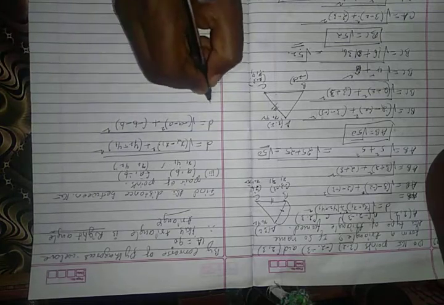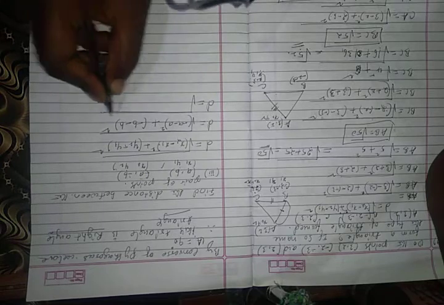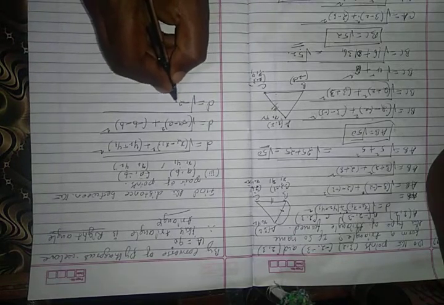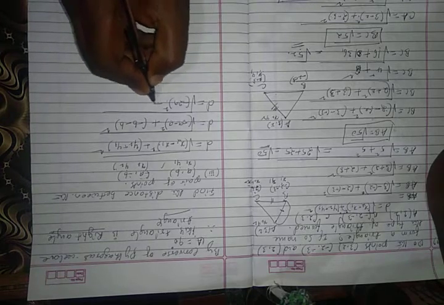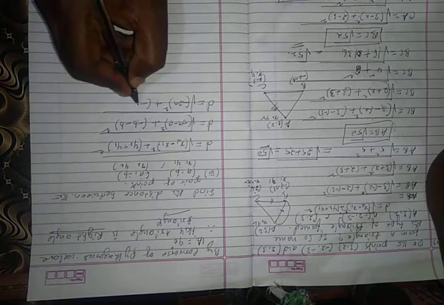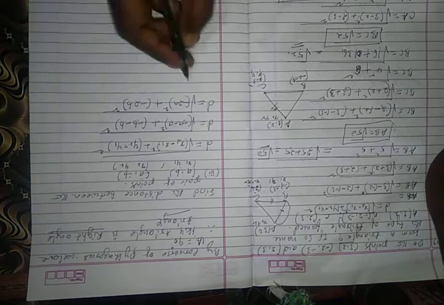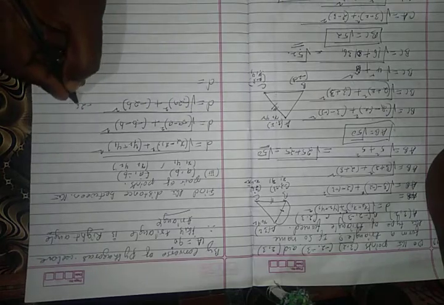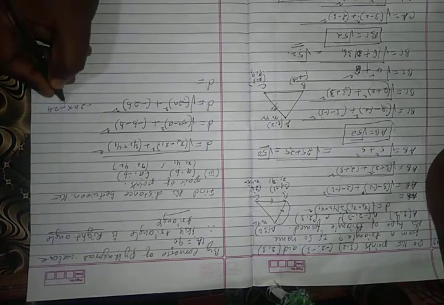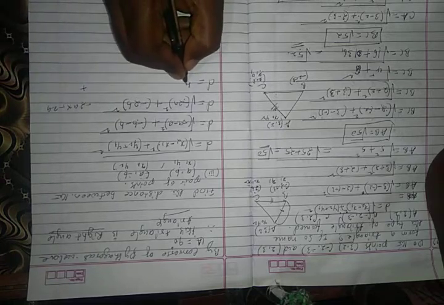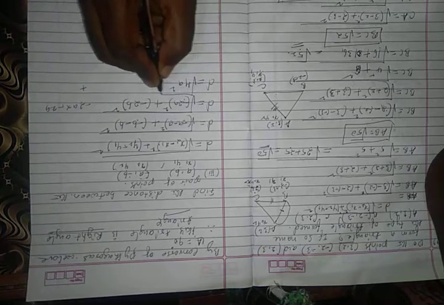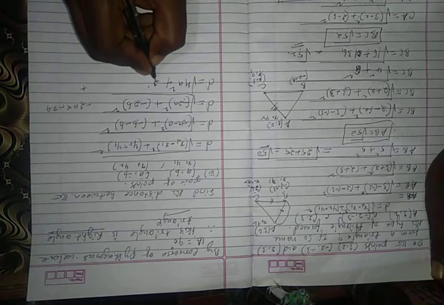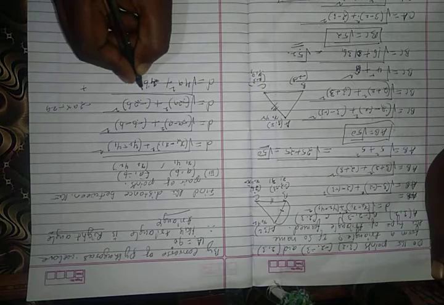So d is equal to the square root of (minus a minus a, which is minus 2a) whole square plus (minus b minus b, which is minus 2b) whole square. Minus 2a into minus 2a, minus into minus is plus, 2 into 2 is 4a square, plus 4b square, again under the square root.